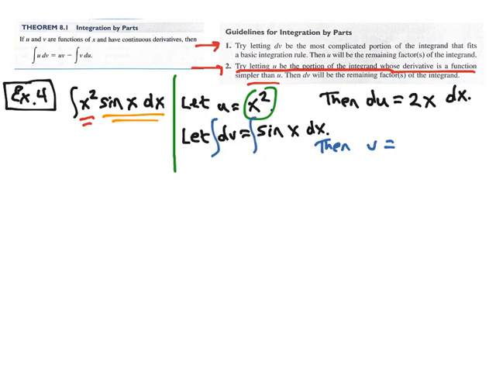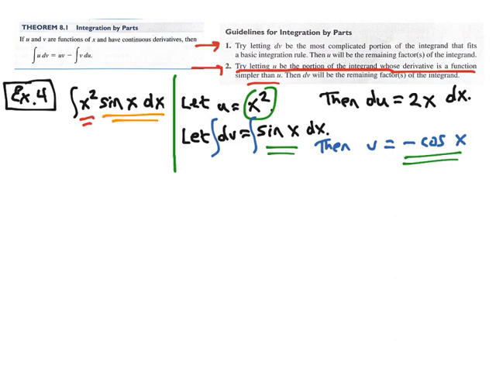So on the left side you have v, and on the right side the integral of sine is negative cosine. So we have negative cosine of x. The derivative of cosine of x is negative sine x, so you need to have the antiderivative here be negative cosine x, so that when you differentiate you'll get positive sine x.